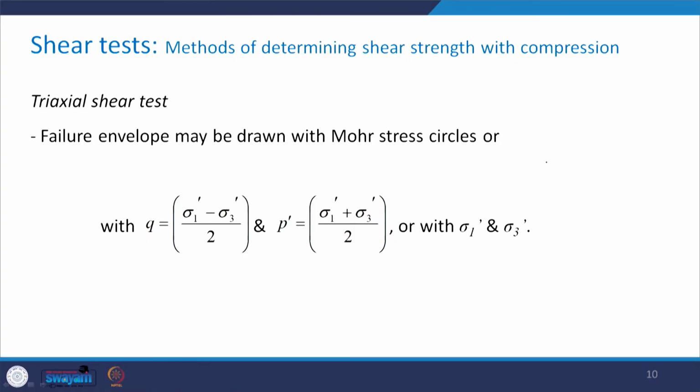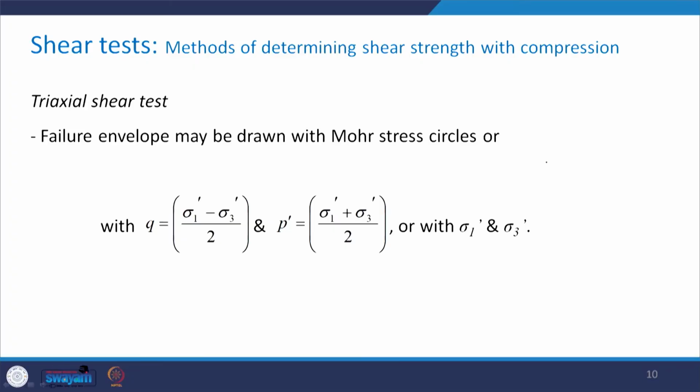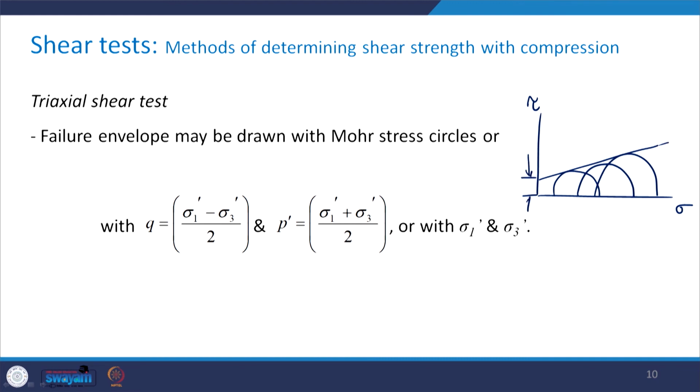Now, that was the stress strain relationship, but how to determine the shear strength parameters? For that you can develop the failure envelope using the Mohr stress circles, because you know the shear strength and the principal stresses. So, you have tau and sigma, you can draw these Mohr circles, and then draw the common envelope to them, and you can determine C and phi.